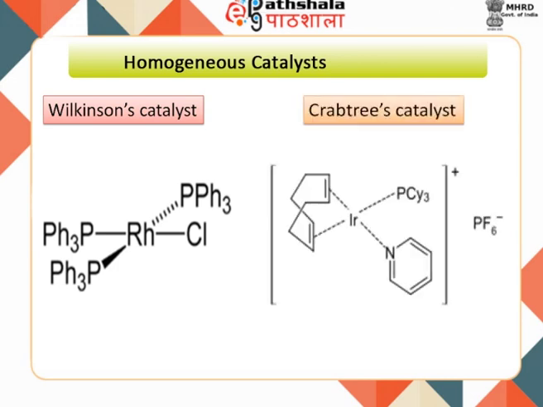Another example of a homogeneous catalyst is a complex of iridium with 1,5-cyclooctadiene, tricyclohexylphosphine, and pyridine, developed by Robert H. Crabtree.